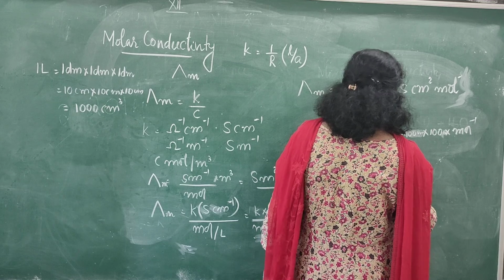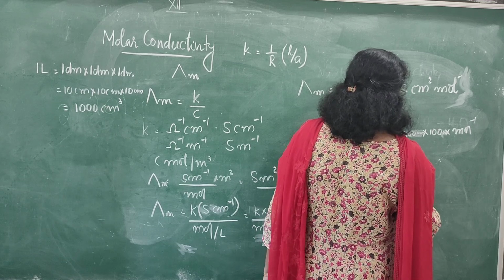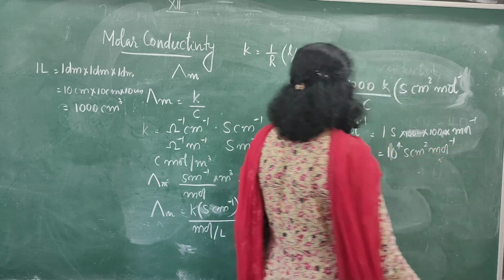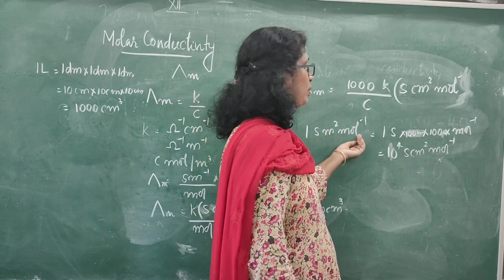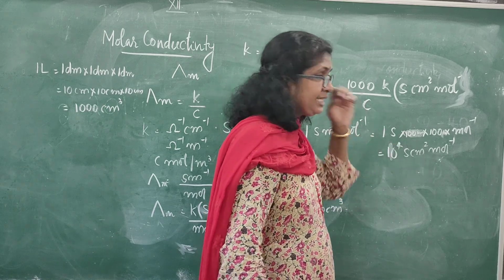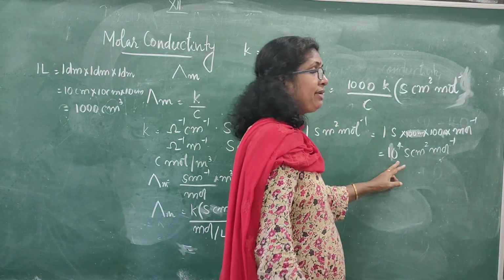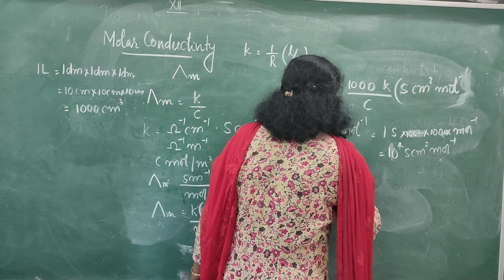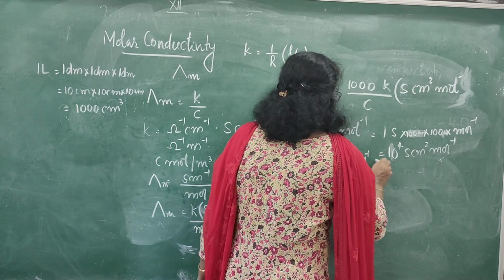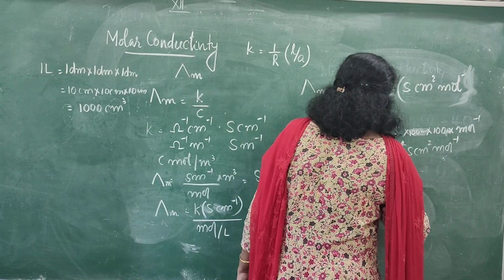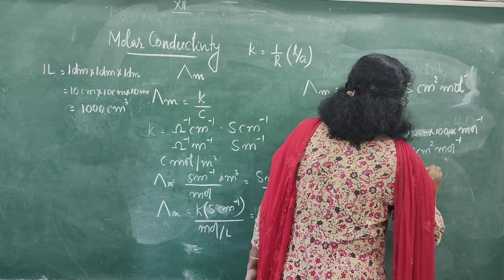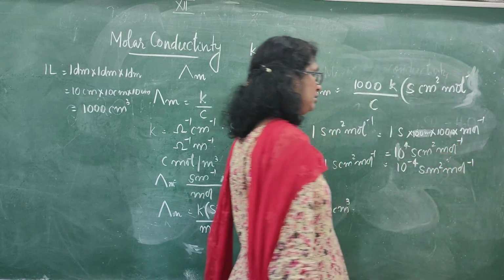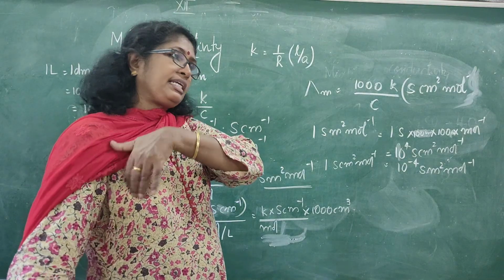So it is 10 raised to 4 Siemens centimeter square mole inverse. So if you want to convert Siemens meter square mole inverse to Siemens centimeter square mole inverse, you have to multiply by 10 raised to 4, or 1 Siemens centimeter square mole inverse is equal to 10 raised to minus 4 Siemens meter square mole inverse. So the conversion factor is this.